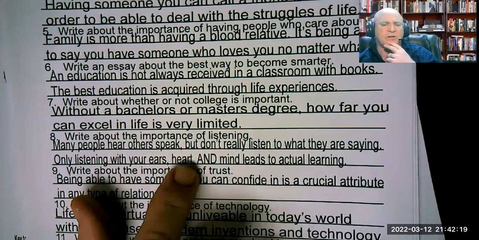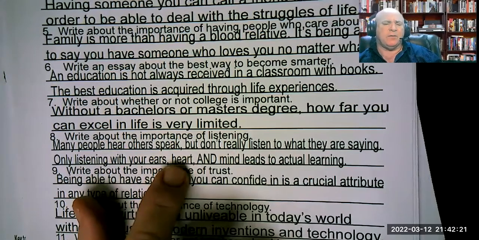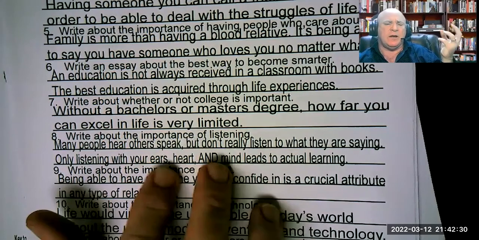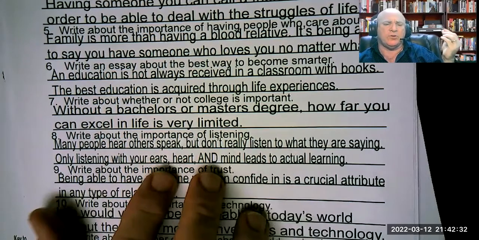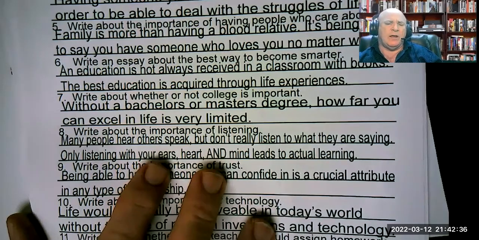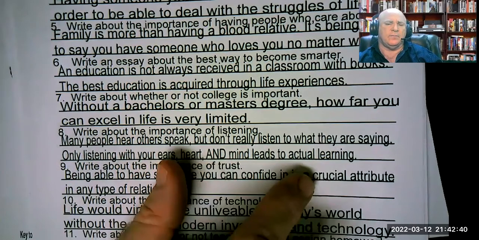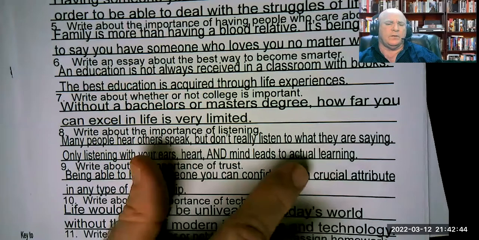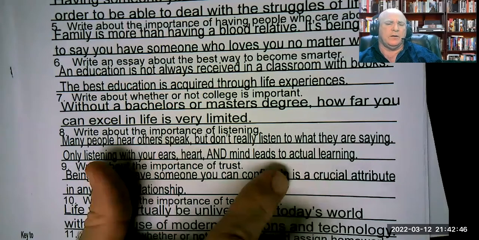So most of the letters of head are there. And so I would possibly use an acronym and say how it's so important that all that works together, that listening to people with your entire being, with all of your soul, your mind, your strength is going to create learning. Leads to actual learning.